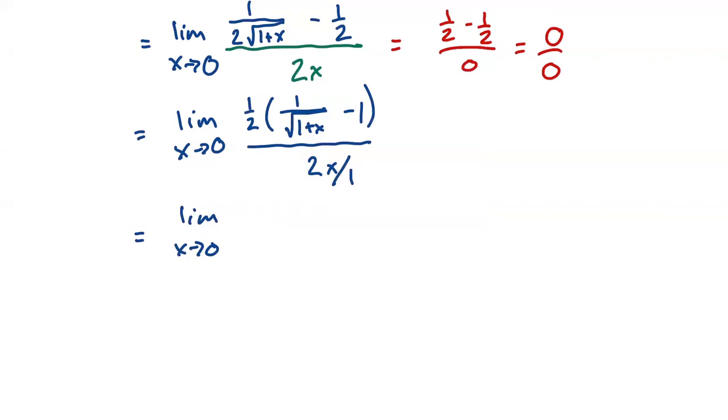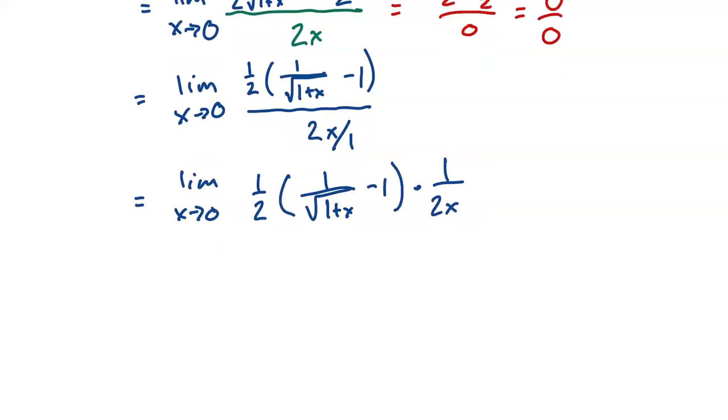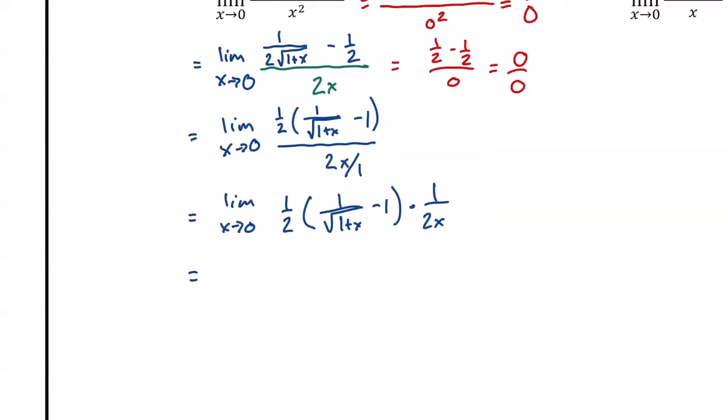So you could think about this as 1 over 2 times 1 over the square root of 1 plus x minus 1, multiplying by the reciprocal, 1 over 2x. And then you can distribute this, and you would have, you know what? I wouldn't do it this way. So let me back this up.